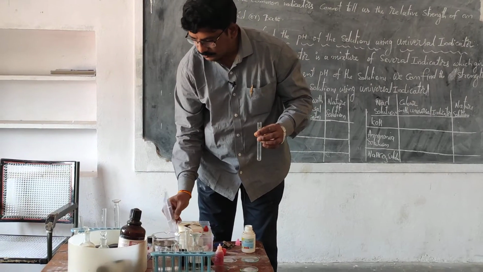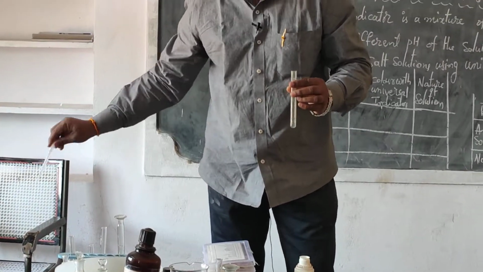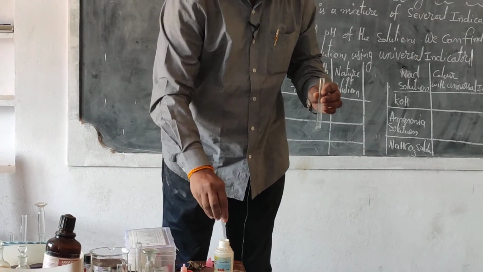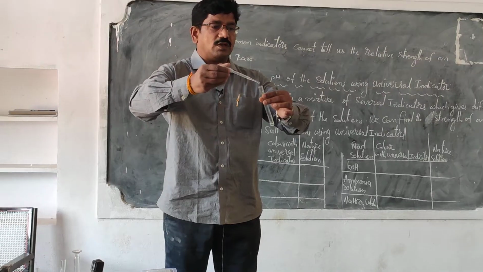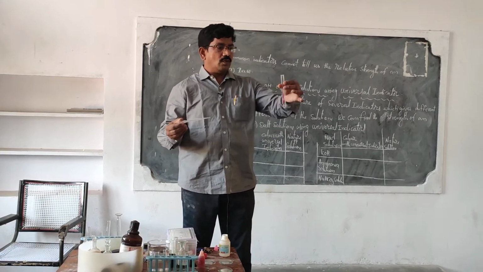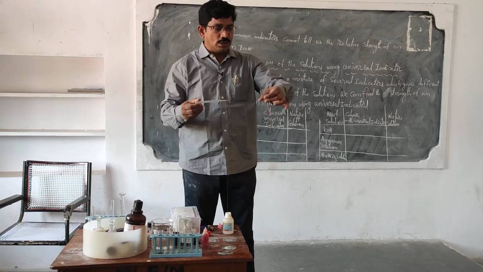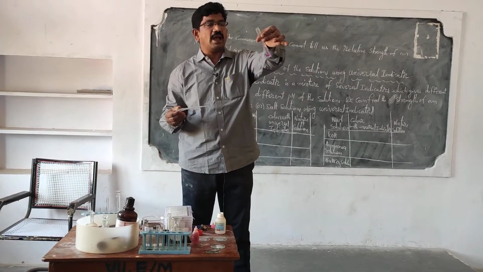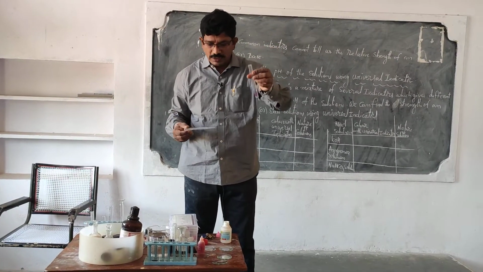I am adding a few drops of phenolphthalein. Observe this one. What is the change in the color? It changed to pink. So you can say that the given solution is a base.